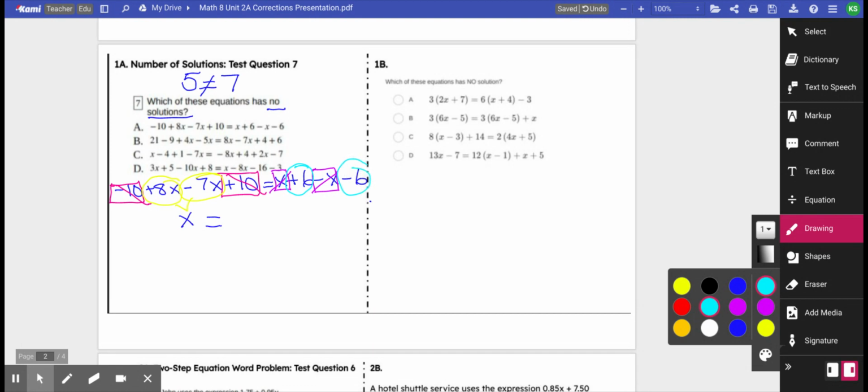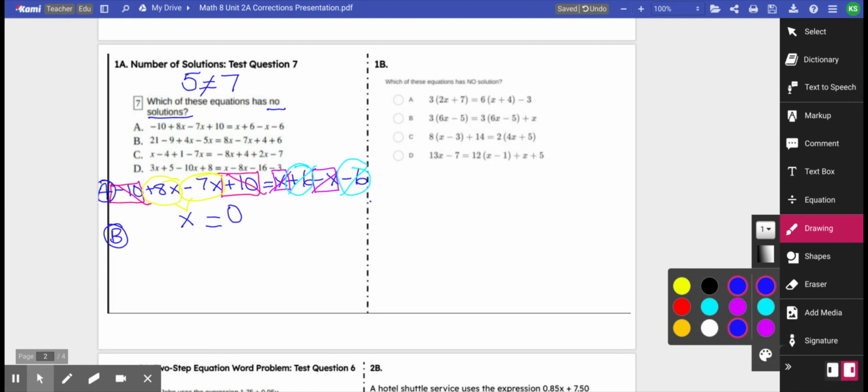Again, like the x's and the 10s, they end up canceling out. So I have nothing left on that side. So I just get that x equals 0. This gives me one solution, that x is equal to 0. So that doesn't work. So let's look at B. So that was A. Okay, let's look at B.